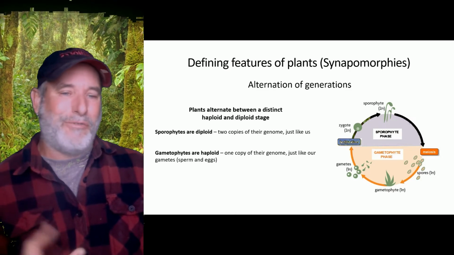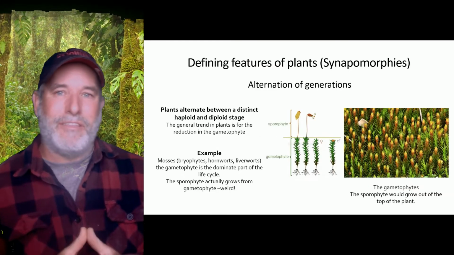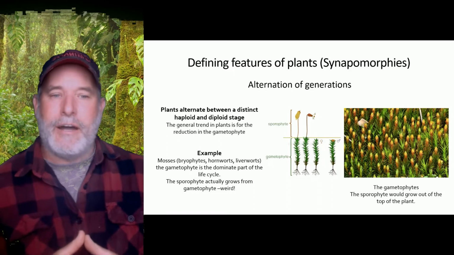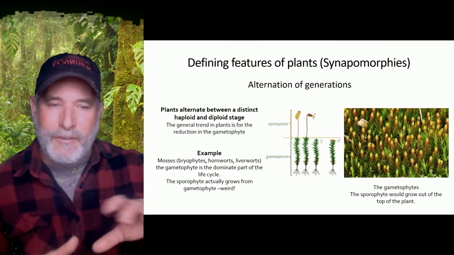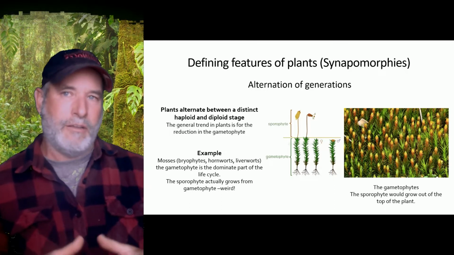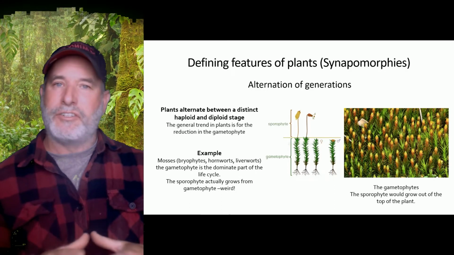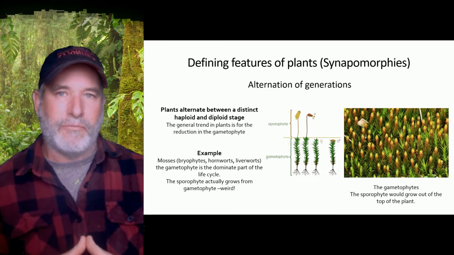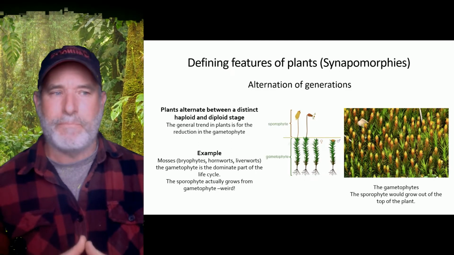So you got the sporophytes, which are diploid, and the gametophytes, which are haploid. And you might be thinking, well, where in the world can I see this? And interestingly, if you look at little mosses, if you go hiking in the woods and you see little green fuzzy things growing in moist areas, those are almost certainly mosses. And there's different types of mosses. Moss is kind of a generic term for three really different lineages that don't have a vascular system.